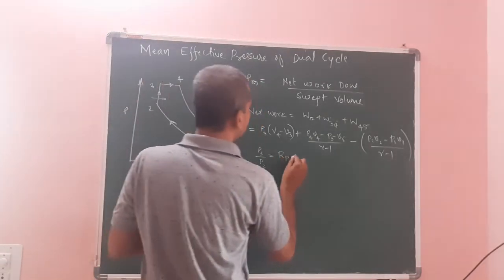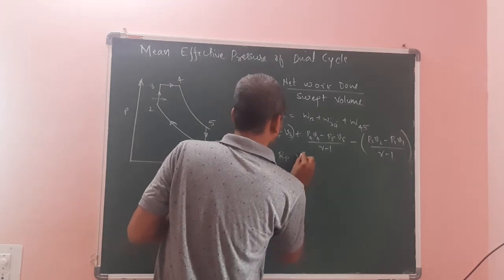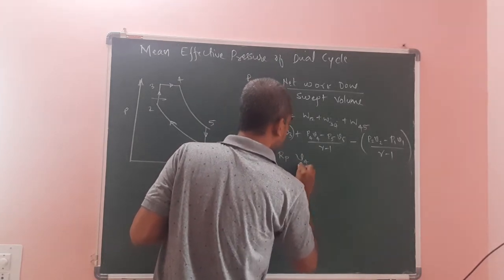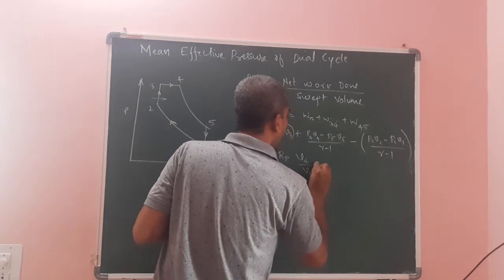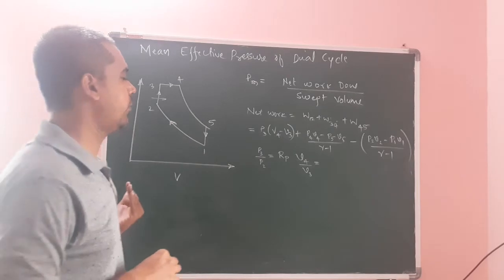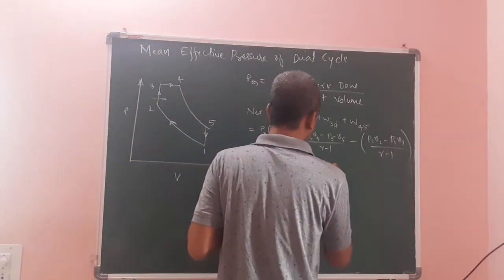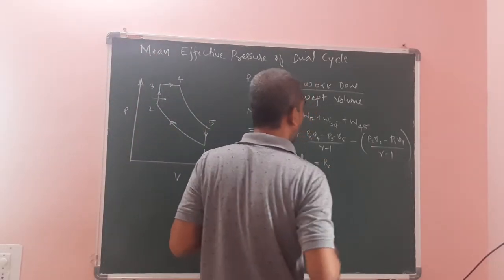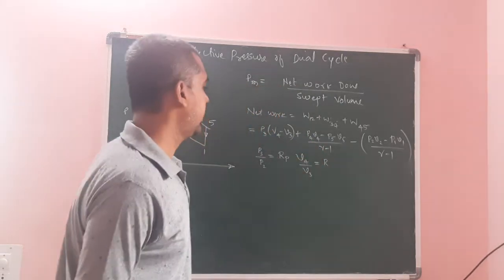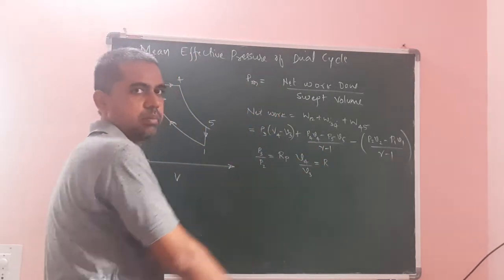And V4 by V3 is the volume after heat addition to volume before heat addition. That ratio I will call the cutoff ratio RC. This we have discussed previously also.